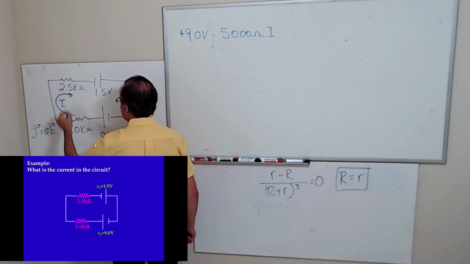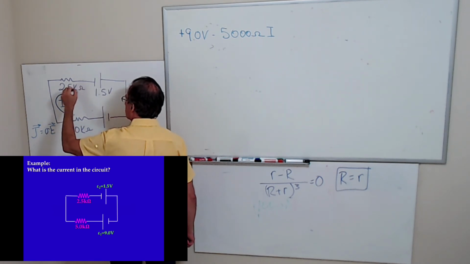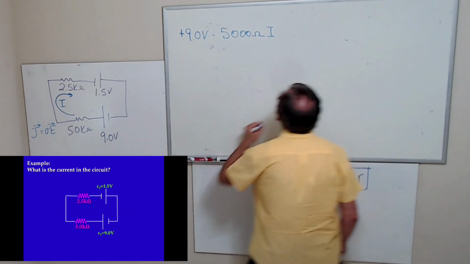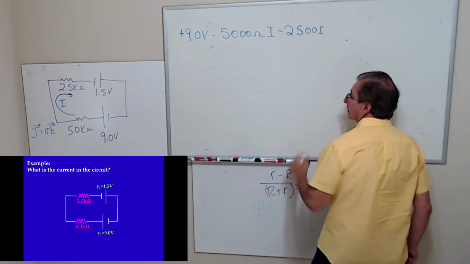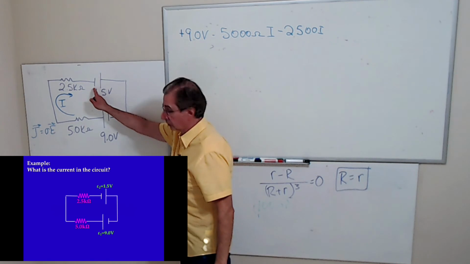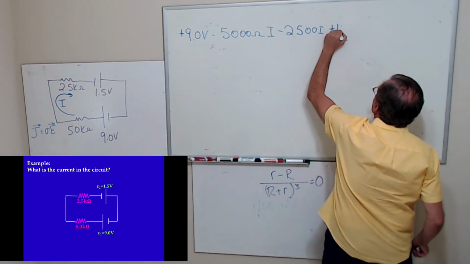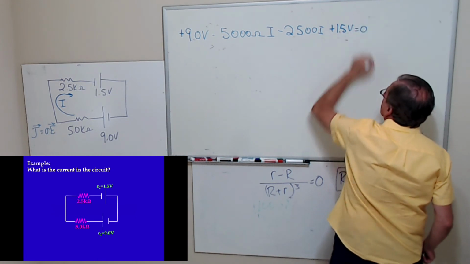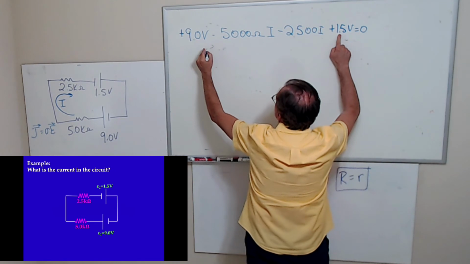I get to this one, and again, I'm going in the direction of the electric field, so the voltage drops. And now I go from a lower to a higher. That's a gain. So I get 9 plus 1.5 is 10.5 volts.